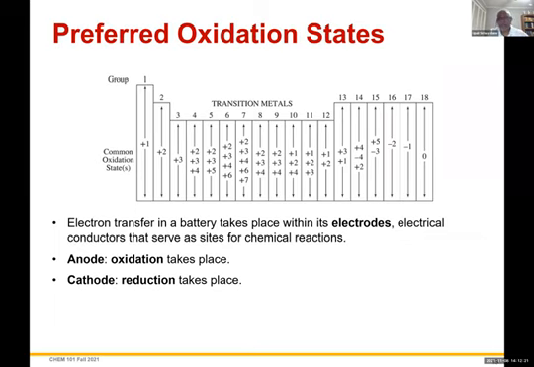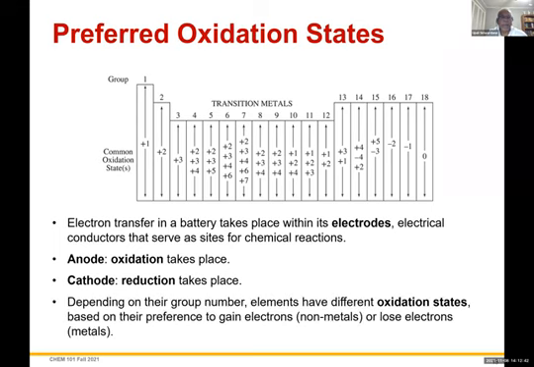So if you got these ideas about the galvanic cell, what is the cathode, what is the anode, electron flow from anode to cathode, current flow from cathode to anode, you pretty much got the basic idea about the galvanic cell.